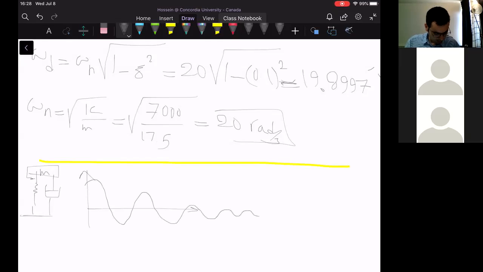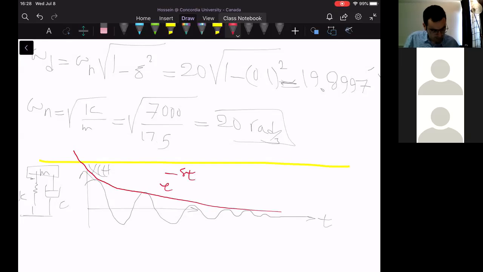Since it is free vibration, after some time, due to the available damping, the response x of t gradually decreases and approaches zero. If we plot the tangent curve, or so-called envelope curve, there is an e to the minus delta t, the delta being the so-called logarithmic decrement.